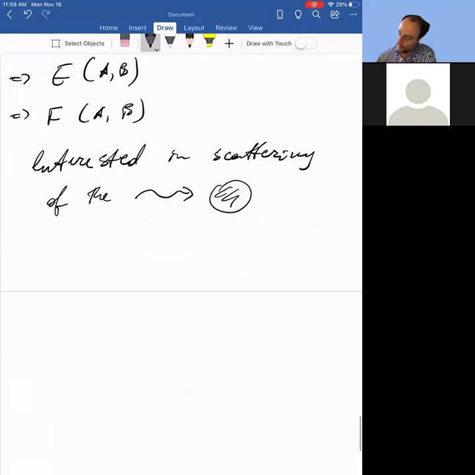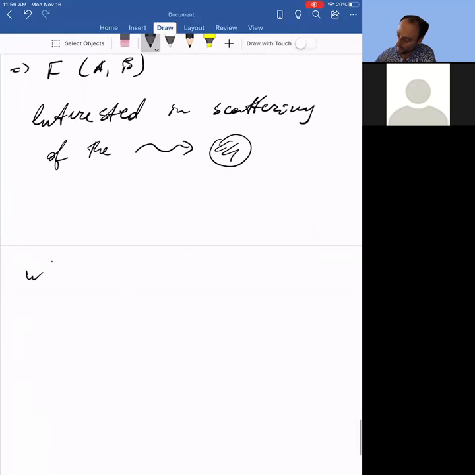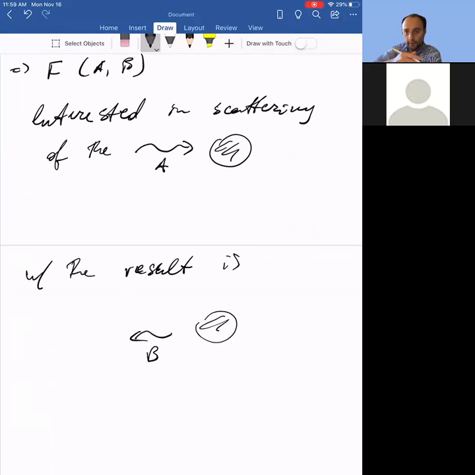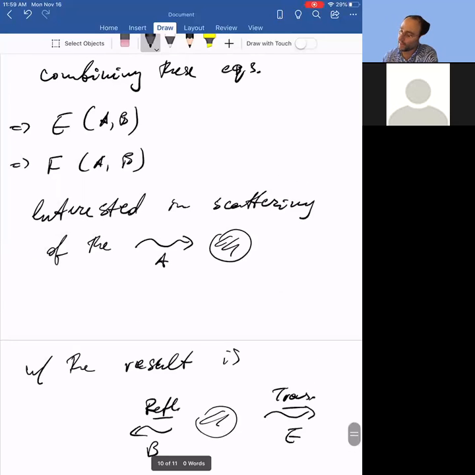And so the result, so this is A, a wave with magnitude A. The result is a wave with magnitude B, and this is a reflected, and this is a transmitted with magnitude E. Okay, so that's the situation.